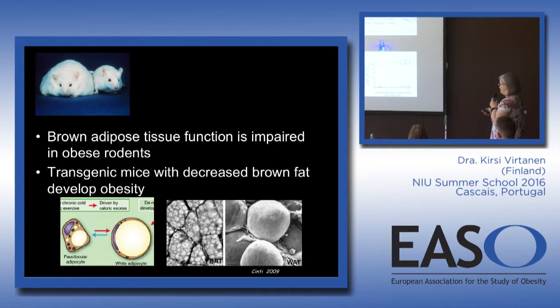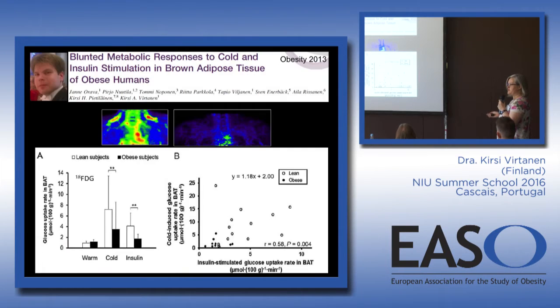So in humans, glucose uptake is clearly decreased in cold in obese subjects when we compare them to lean. This is what we most commonly found in PET imaging. This is FDG imaging.